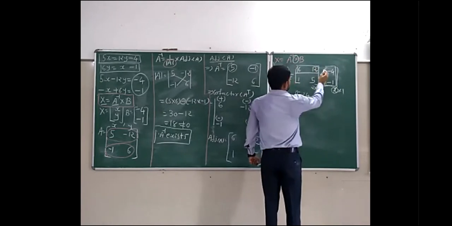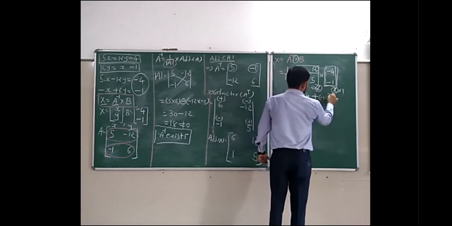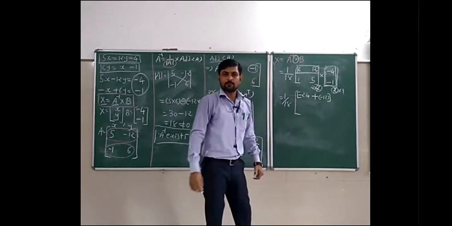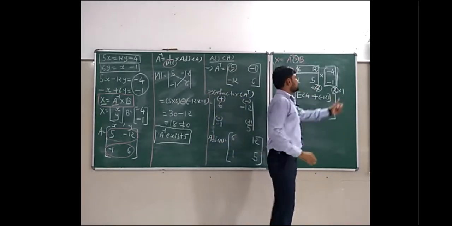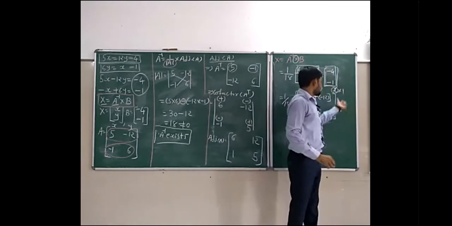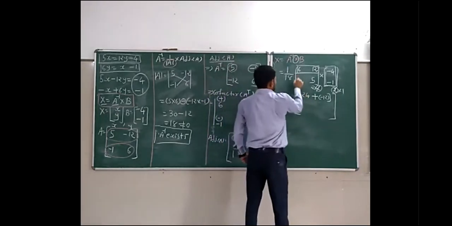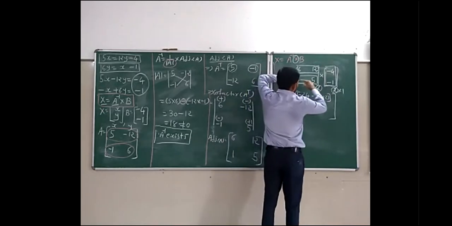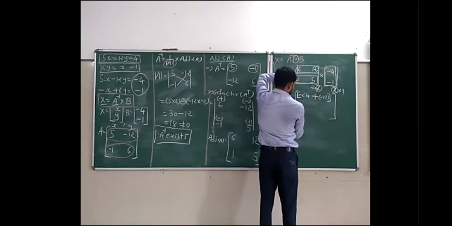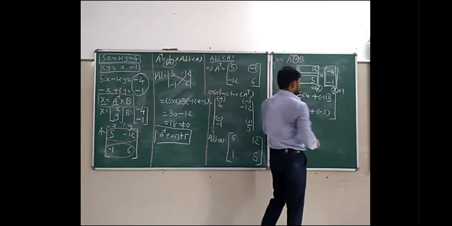So 12 into minus 1, that is minus 12. Now there is no second column, so you cannot write in the second column. Now we'll change the row. Second row we will use. Second row, first column. 1 into minus 4, minus 4, plus second into second, 5 into minus 1, minus 5.